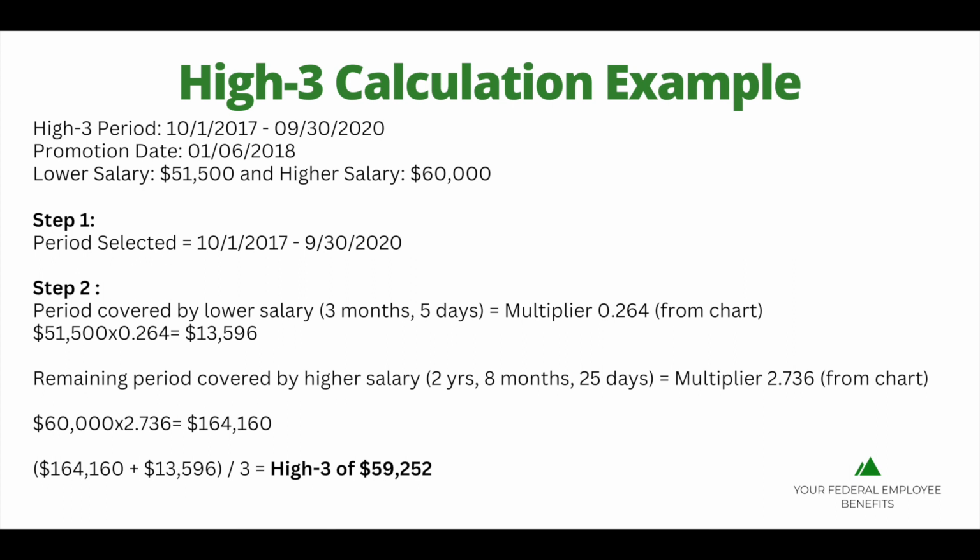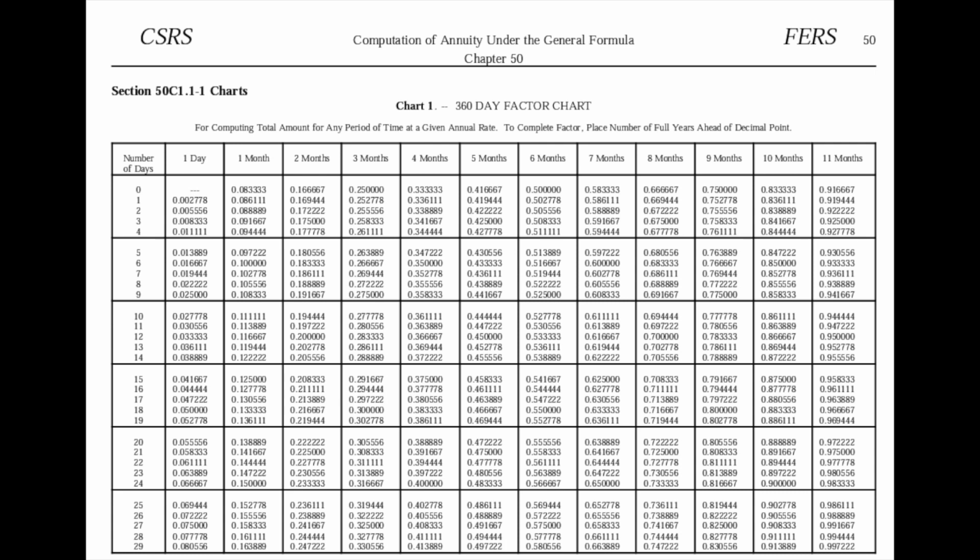Now for the remaining period. Remember, we're looking for 3 years of average pay. We just covered a little over 3 months. The remaining time is 2 years, 8 months, and 25 days. When you're using years, you just put the number of years in front of the factor. Bob has 2 years left, so we put 2 in front of the factor. Then we find the 8 months in the top row, go down the column, and find 25 days.